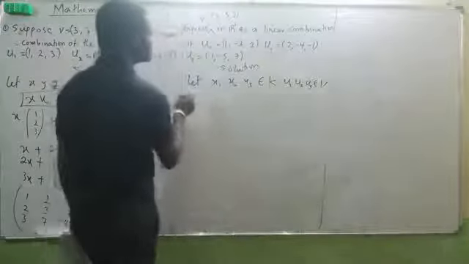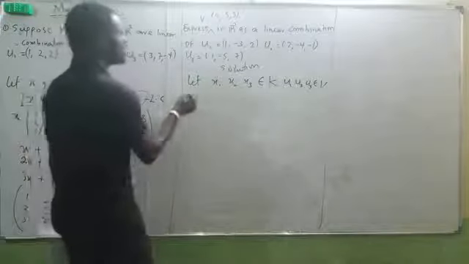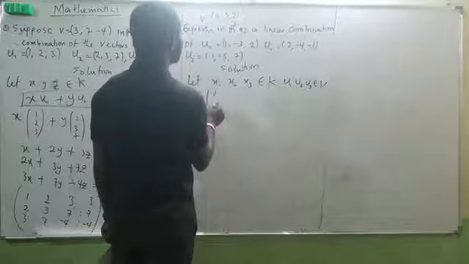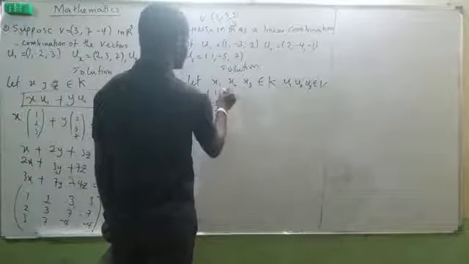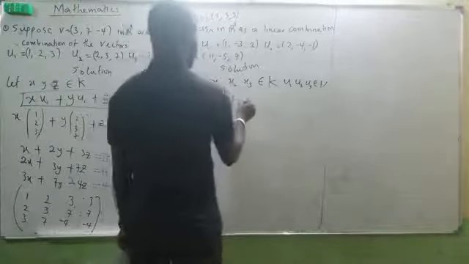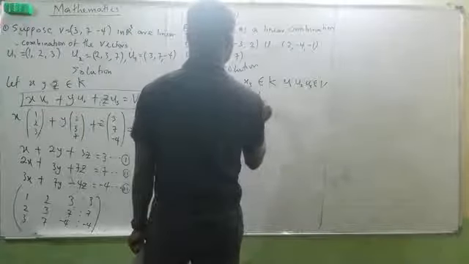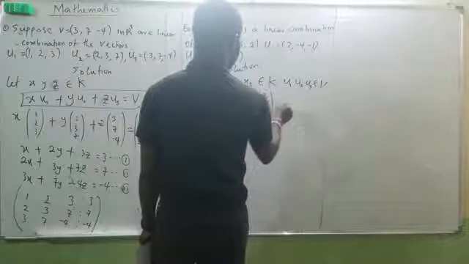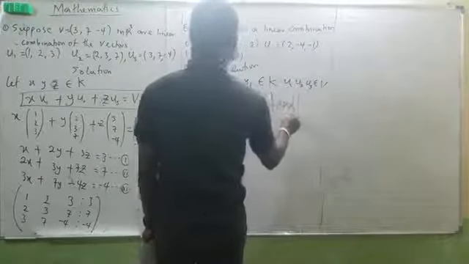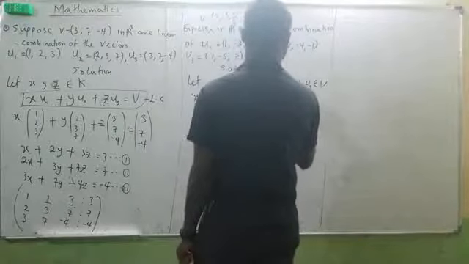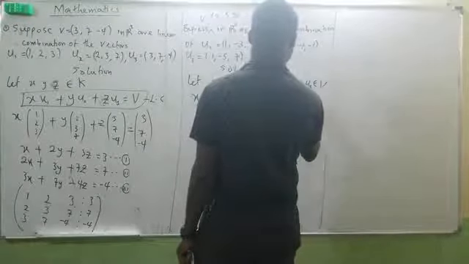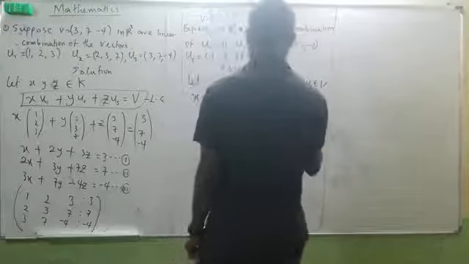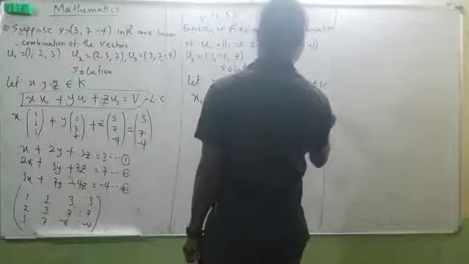Now, it means I can say that my linear combination will be equal to x1 (1, minus 3, 2) plus x2 (2, minus 4, minus 1) plus x3 (1, minus 5, 7) equals my v. My v is (2, 5, 3).